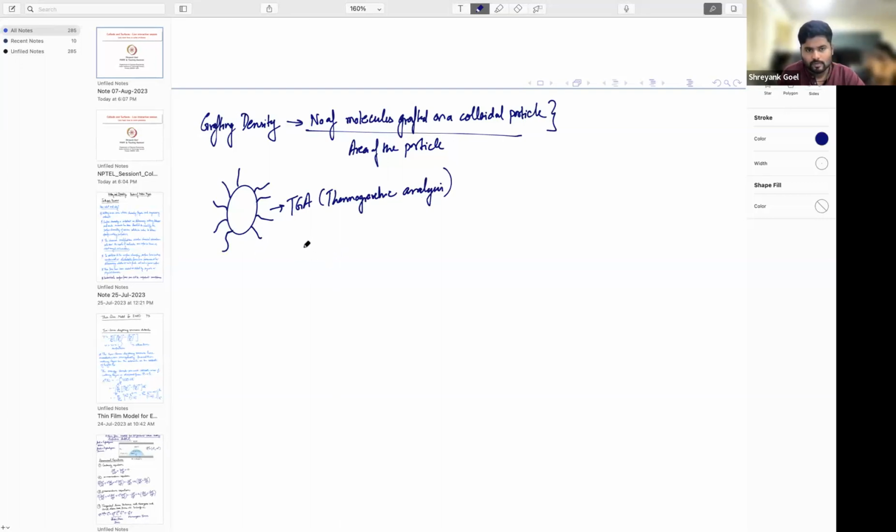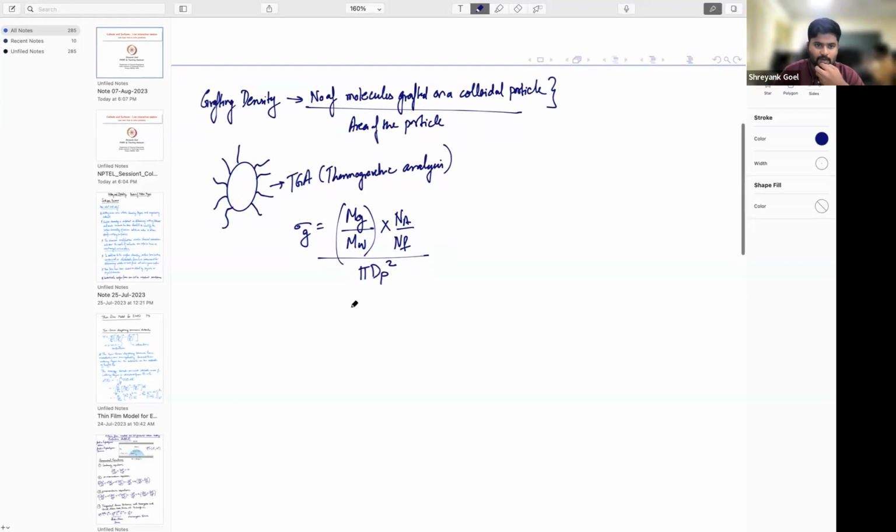So grafting density can be defined as mg by mw into na by nf, divided by the area. That is the definition used for the grafting density.